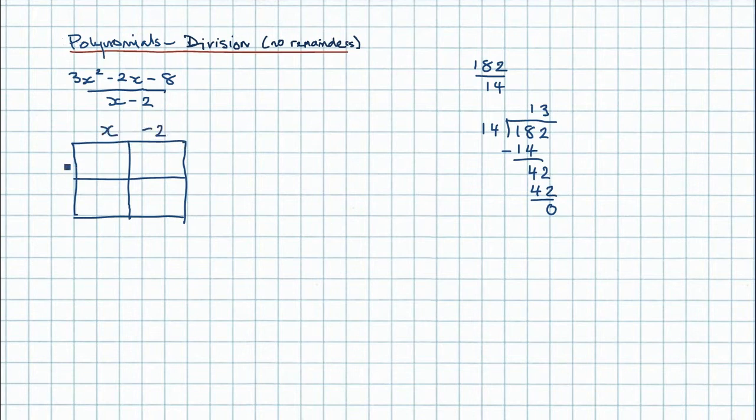And it would be multiplied by something else to give me my answer, 3x squared minus 2x minus 8. So in that case, 3x squared minus 2x minus 8 would be the product of two binomials. But right now, this is the dividend, and the other binomial here is the quotient that we want to find. So can we fill in this box?